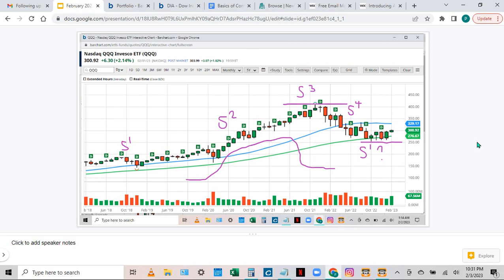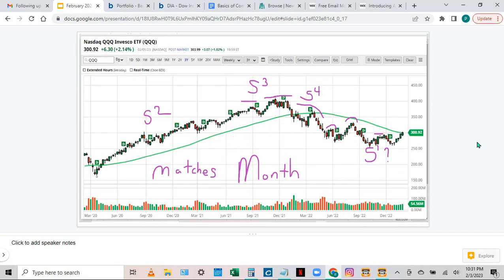Okay, so that's how I look at that. This is a weekly view of the same ETF, and for the most part, it matches the monthly view. So that confirms that, yeah, we're probably still in late stage 1 area.